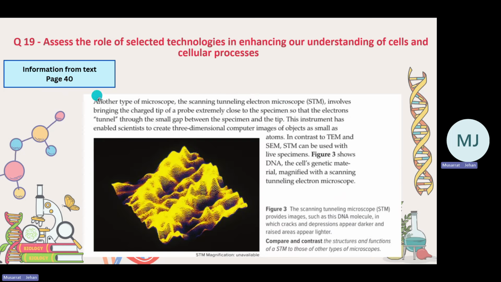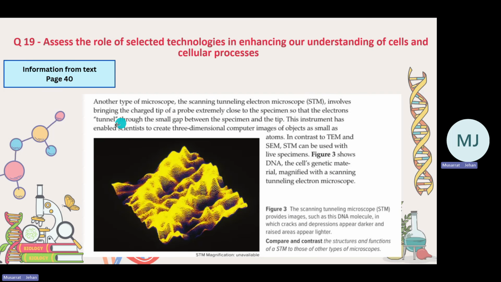Then came a third type of microscope, known as the STM. So TEM, SEM, and STM. STM is the scanning tunneling microscope. It involves bringing a charged metal tip near the specimen.